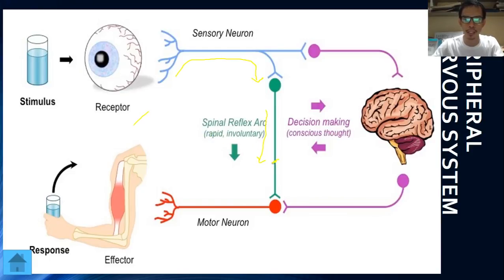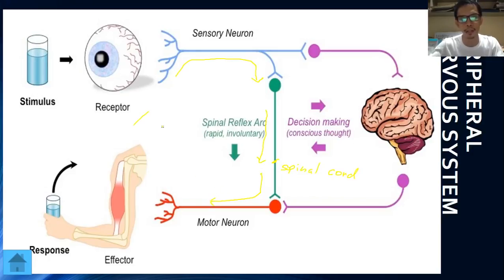Mainly, this thing right here is the spinal cord. The spinal cord will do its reflex action. This is a type of action that doesn't require any conscious thought. The spinal cord will take immediate action on that particular situation.